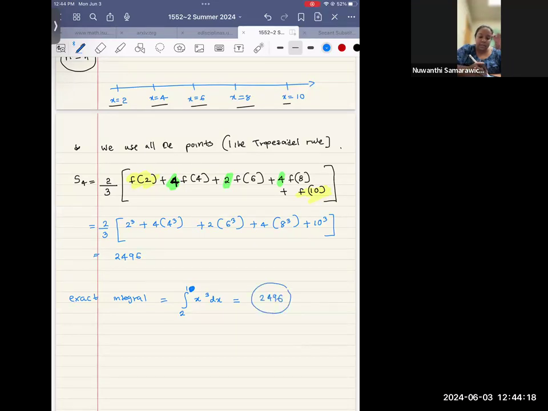But this is because I took this example, you get the same answer because this is a rare case where the approximation and the exact integral are the same.